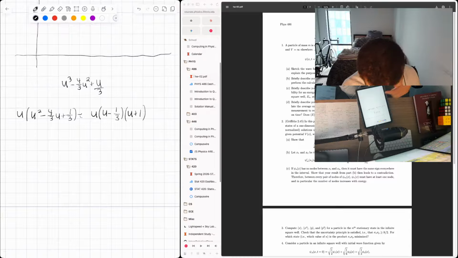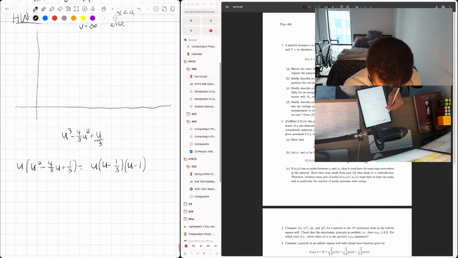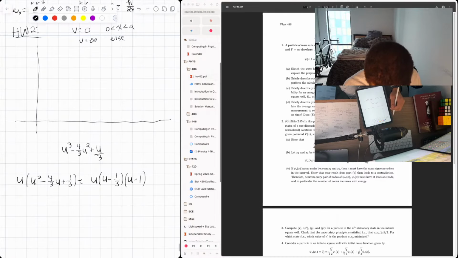No. U plus 1/3, u minus 1. U minus 1/3, u minus 1. Right, you get u squared, u minus 1/3, u plus 1/3. Yeah, okay. So this is our function.